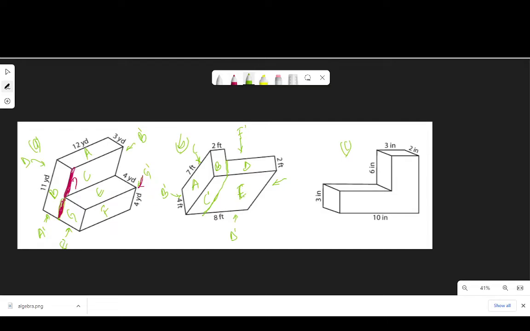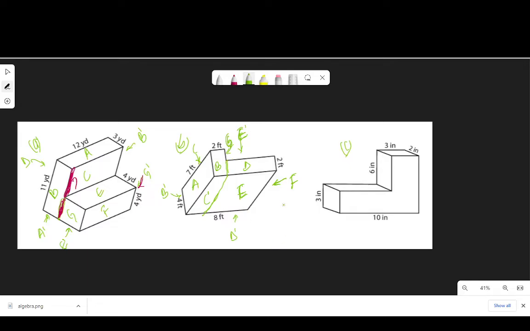We'll let this be E and E prime. A, B, C, D, E. Now F, this space here, let's call it F. And then this face right here, let's call it G.